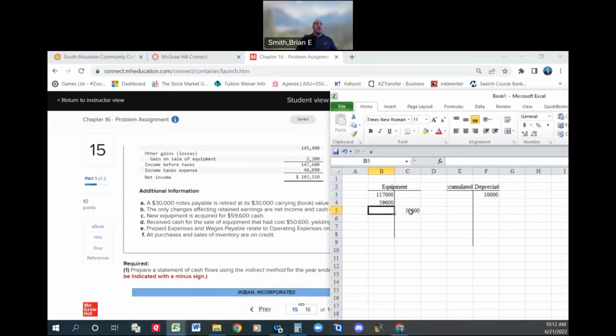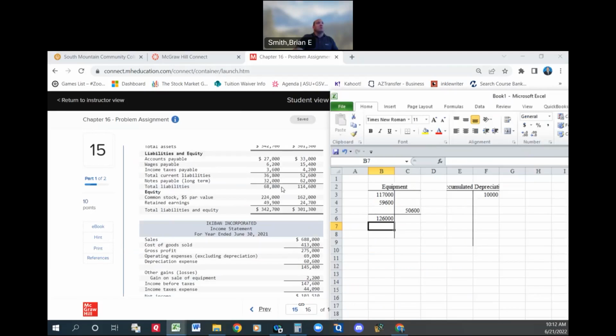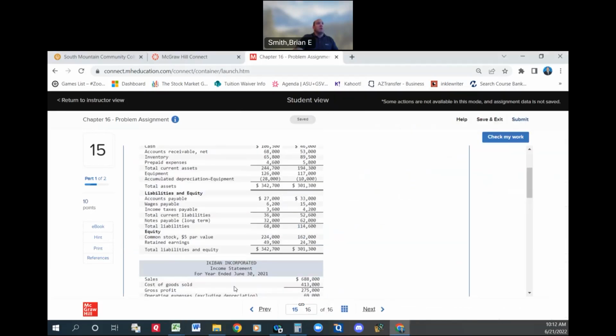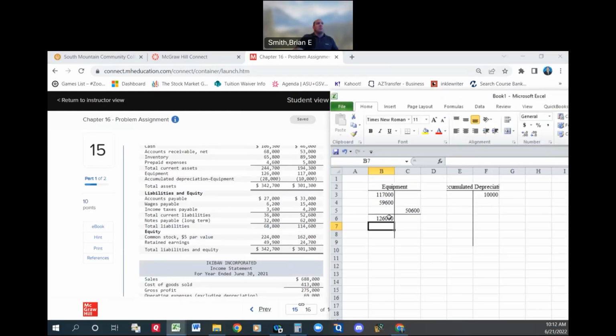So let's see if this accounts for our $9,000 increase. All right, something else happened probably. Let's see if we can figure it out. Or let's see if our ending balance actually equals that. Oh, it does. So we are good. I thought it was. Yeah, so our increase was $9,000. Okay, we're good there.